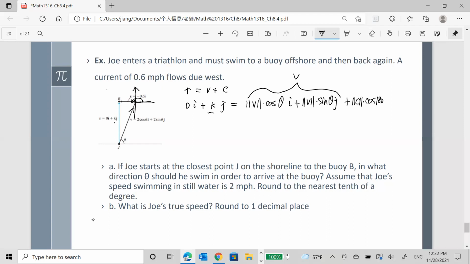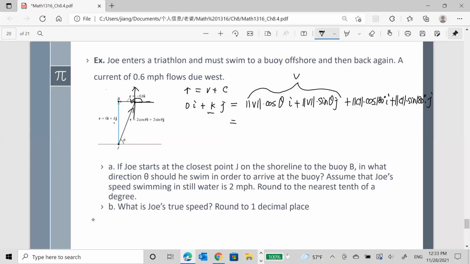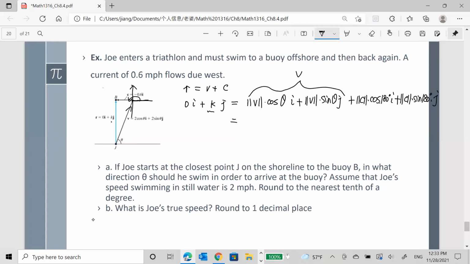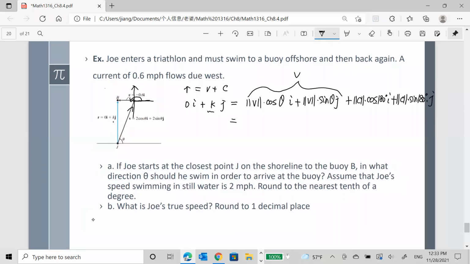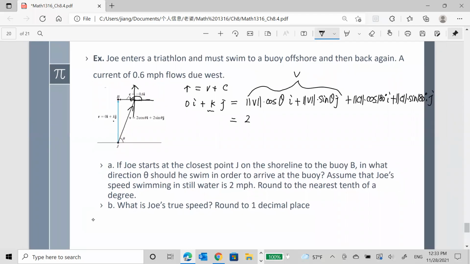So it's the magnitude of C times cosine 180 I, plus the magnitude of C times sine 180 degrees J. And V, the speed of Joe, is given as 2, so 2 times cosine theta.